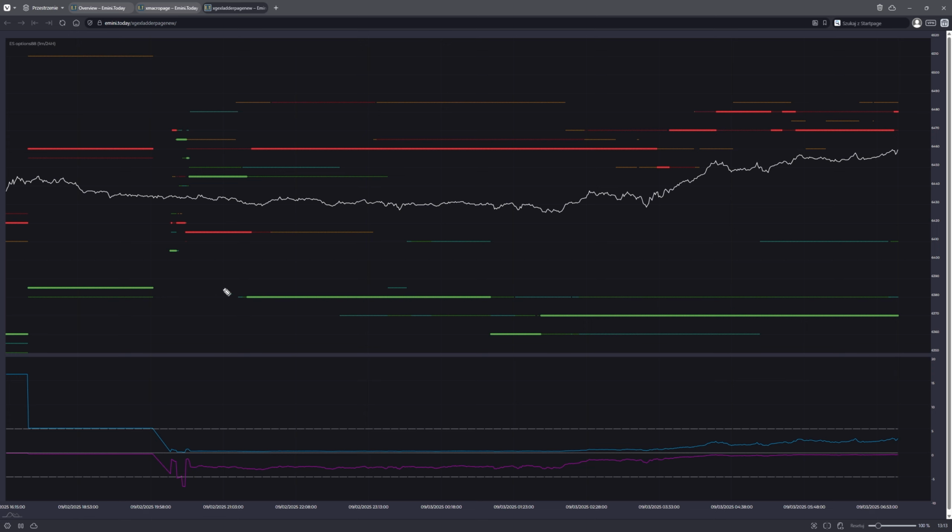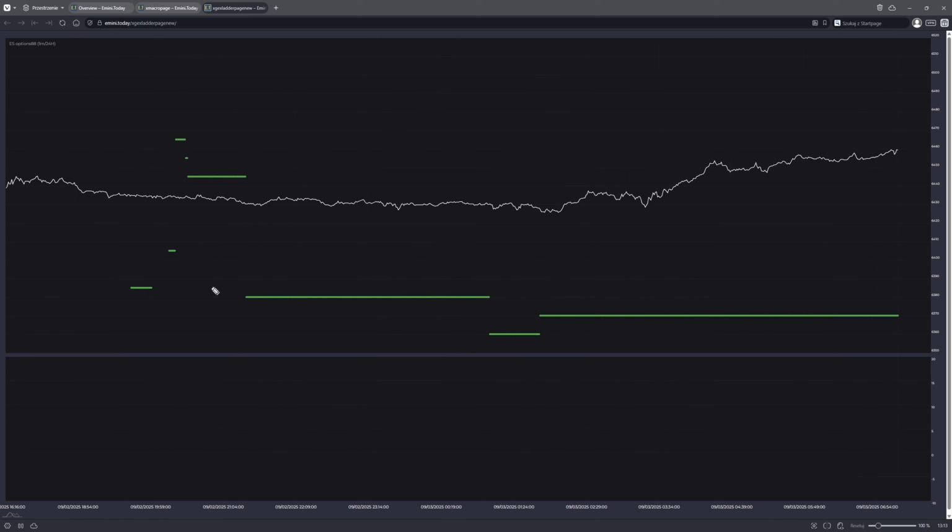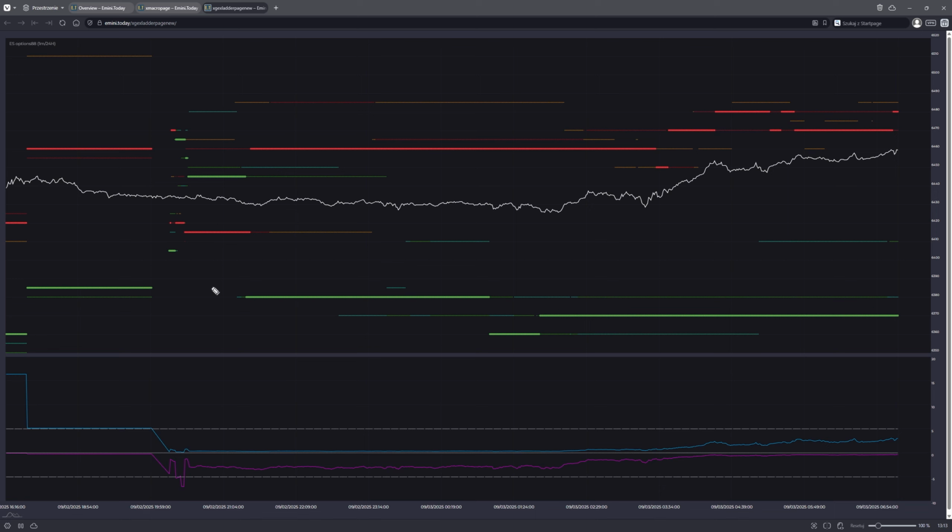So basically, the standard concepts are that if there is some specific activity on the option chain and you add it on chart, you will get something like this.